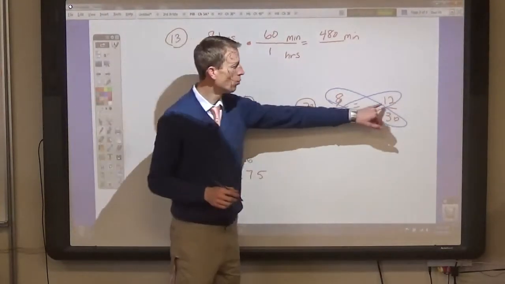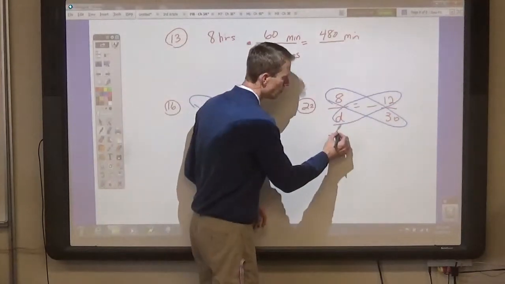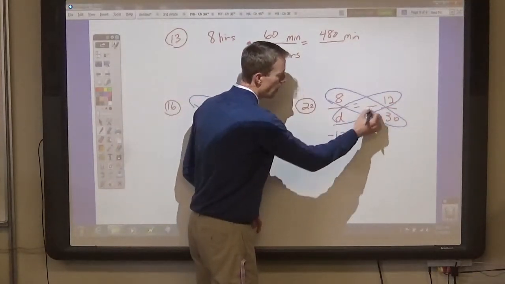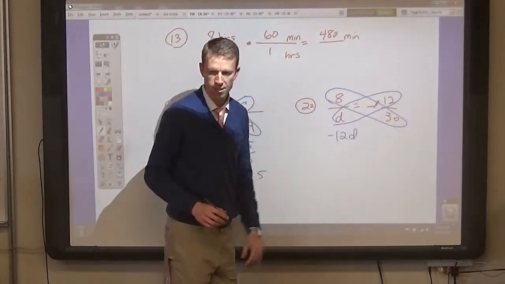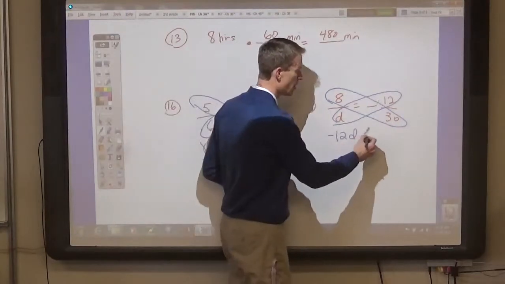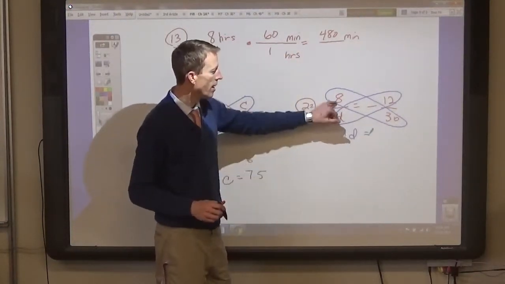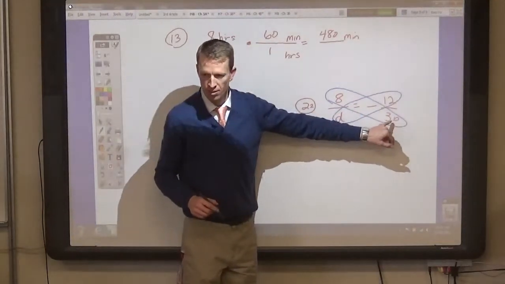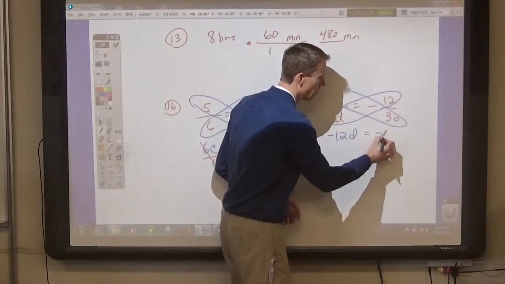So negative 12D. And since we already used the negative sign, then keep this one positive. Only use the negative sign once, since there's one negative sign. What's 8 times 30? 240. Yep, because 8 times 3 is 24.